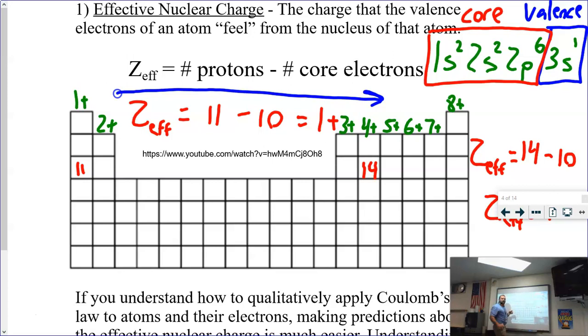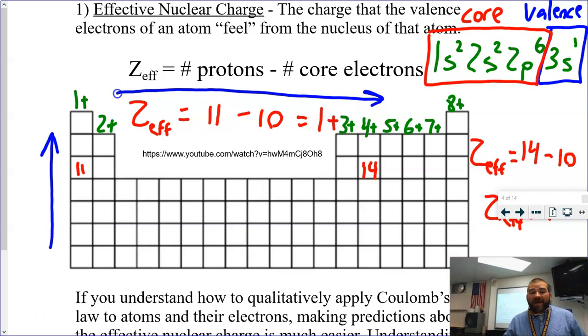Now up and down a column. In theory, if I were looking at column 1, these all have a 1+ effective nuclear charge. In reality, we can go a little deeper, and the ones higher up on that column feel a stronger effective nuclear charge than the ones on the bottom.